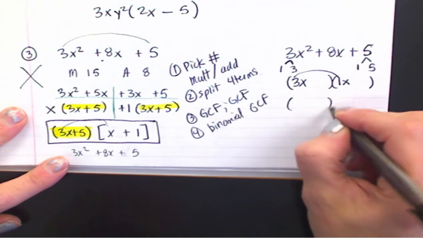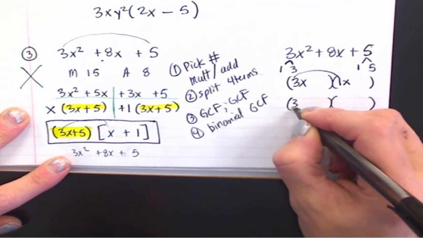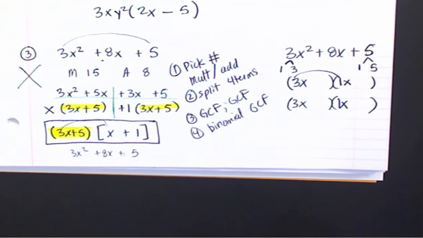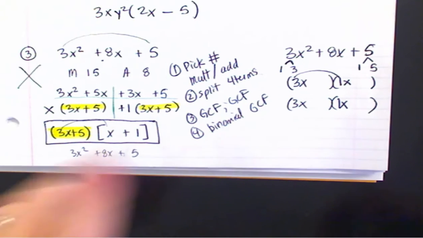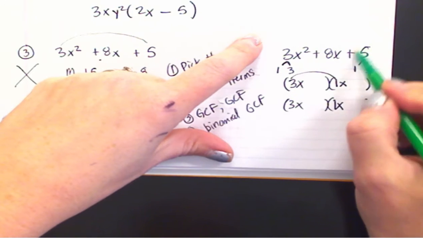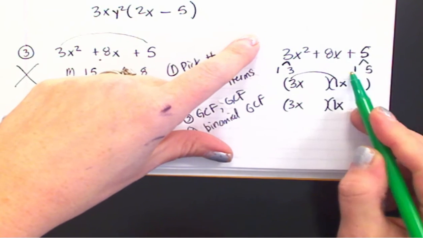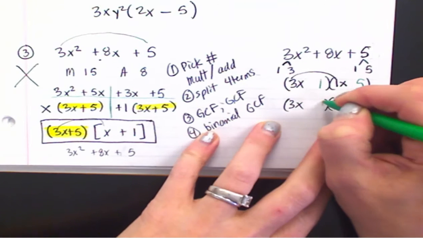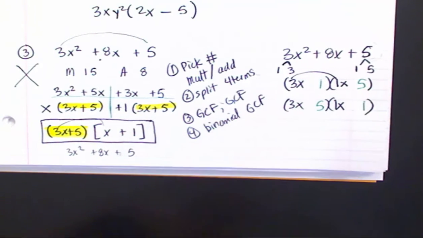Now, write down another set of parentheses here and copy this down. Once you get good at this, you stop writing all these choices down and you do the choices in your head. Okay? Now, how do I multiply to get 5? Okay, so I'm doing it in a different color because I want you to see what I'm doing.